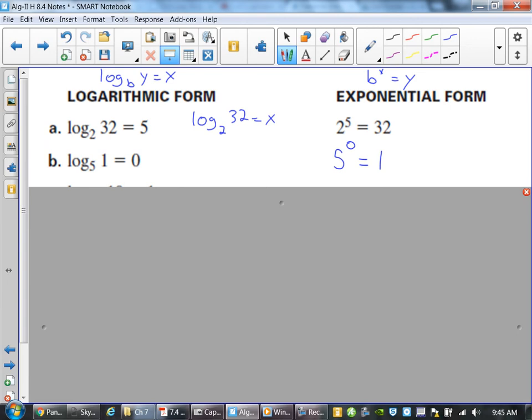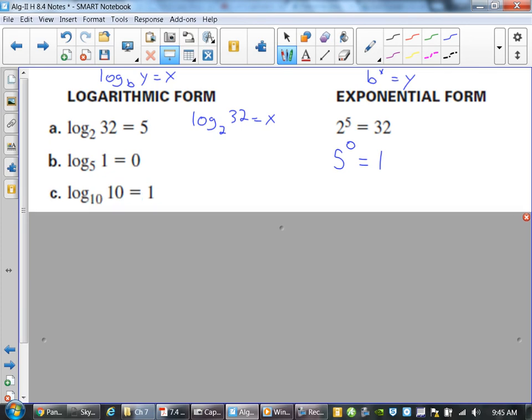Log base 10 of 10. Yes, ma'am? Is there any particular reason that they have the answer on the left side of the equals sign?